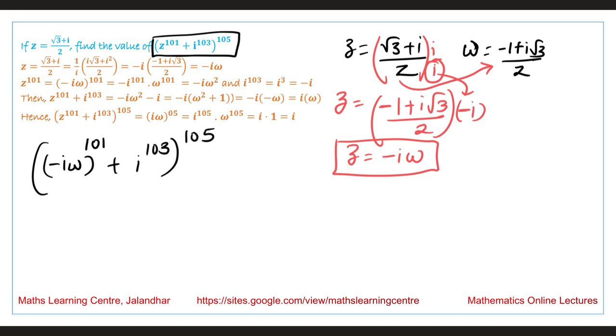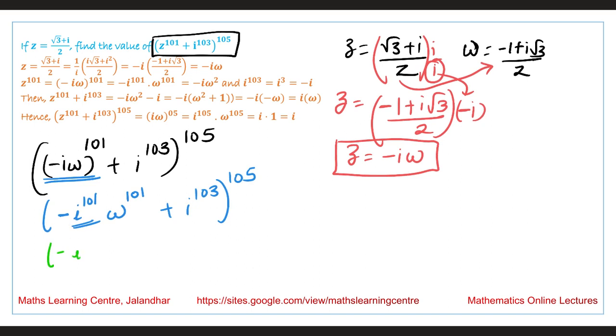Look at this term: it is minus iota raised to the power 101 times omega raised to the power 101, plus iota raised to the power 103, and whole raised to the power 105. Now iota raised to the power 101 is iota raised to the power 100 plus 1, omega raised to the power 99 plus 2, plus iota raised to the power 100 plus 3.